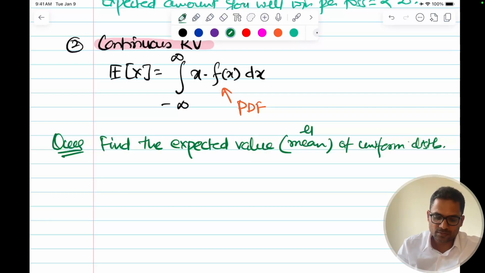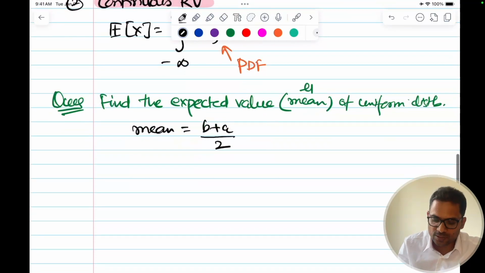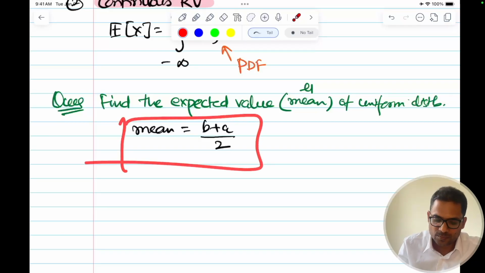We have seen that earlier. So what is the value we should get? What is the mean? It is equal to b plus a by 2. We know this. Now let's derive this.